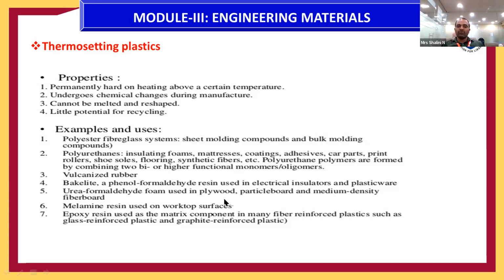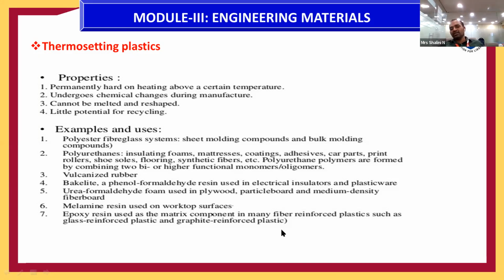Urea formaldehyde foam is used for plywood, particle board, and medium density fiber boards. Bakelites are mainly used in electrical insulating and plastic ware. Melamine resin is used on worktop surfaces. Epoxy resins are used for fiber reinforced plastics such as glass reinforced plastics and graphite reinforced plastics.